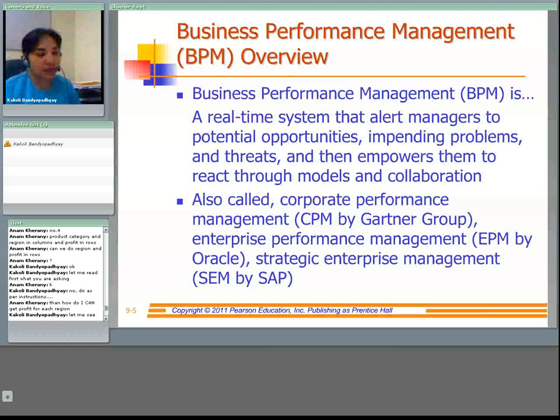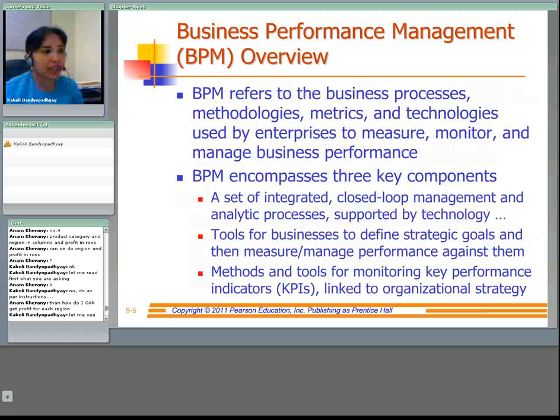BPM actually is a series of processes and applications designed to optimize the execution of business strategy. So BPM is actually about improving performance in the right direction. Basically it refers to the series of business processes, methodologies, metrics, technologies used by enterprises to measure, monitor and manage business performance.